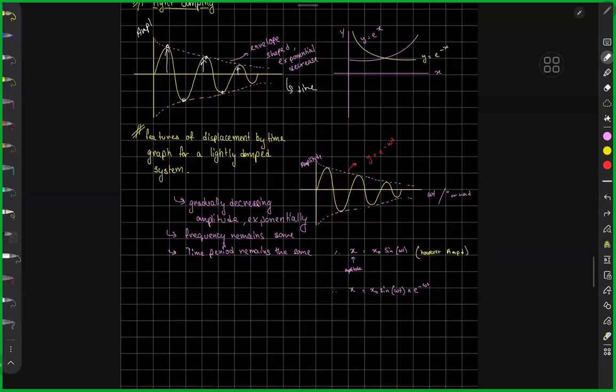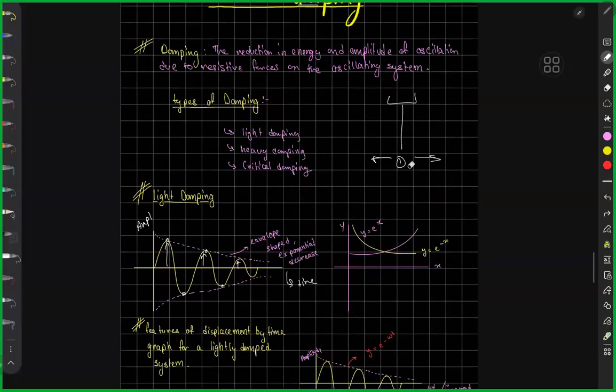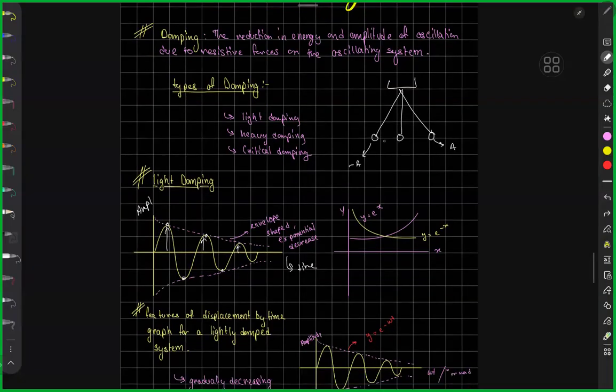The other thing I was saying is the frequency remains the same. What does that mean? Let's say, first case, it oscillates between these two positions. This is minus A, this is positive A. Now, after one oscillation, the amplitude decreases and it goes to this position and this position.